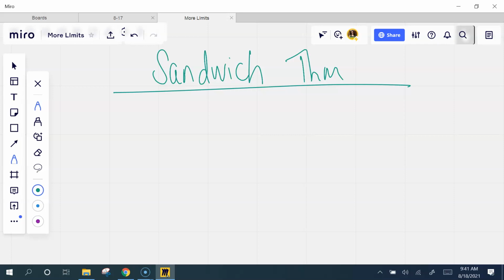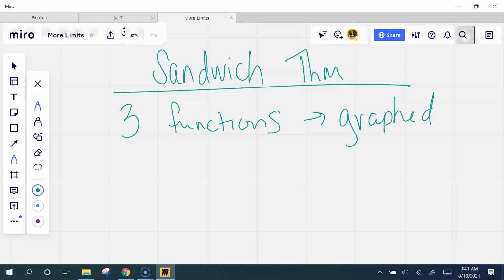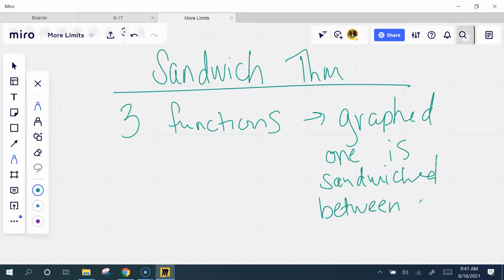Okay. Sandwich theorem. Let's imagine you have 3 functions. And when you graph them, and this is just an introduction to sandwich theorem. We will do a lot more with it as we get further in. Right now, I just want you to kind of understand what it is doing. Three functions: when you graph them, one is sandwiched between the other 2.